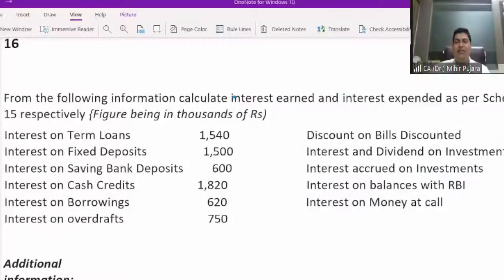And guys, now we can start the questions of profit and loss, but we need to start with small questions first and then big questions. So first, guys, this is question number 16.